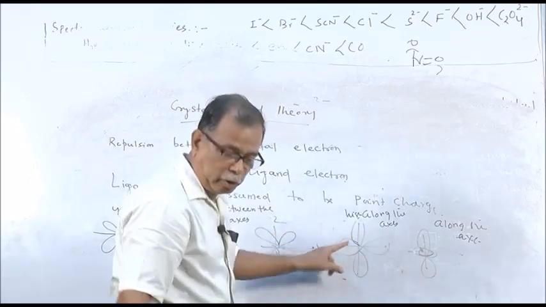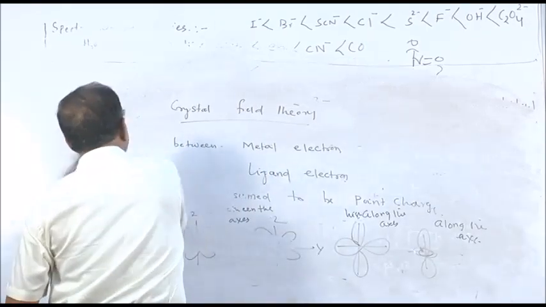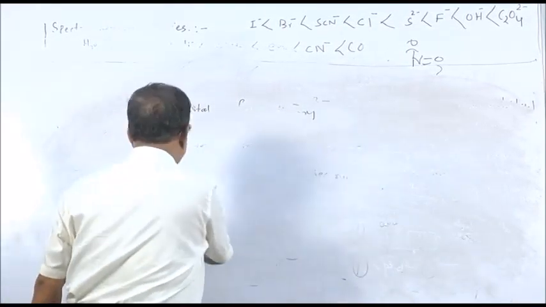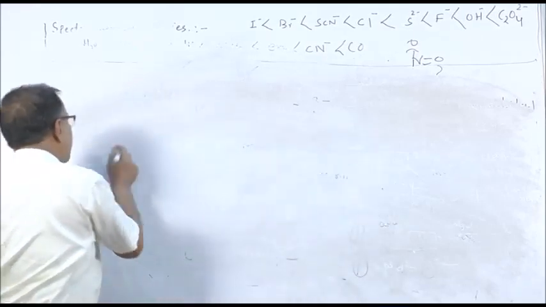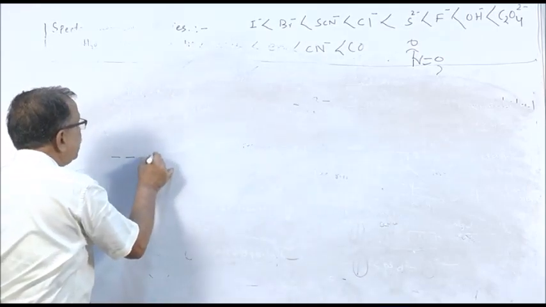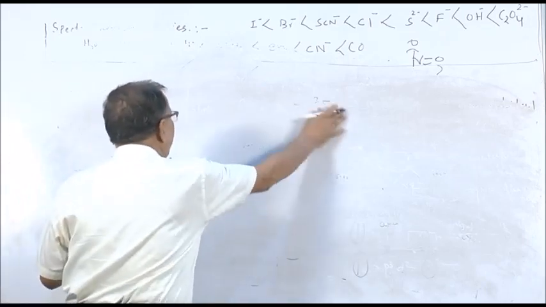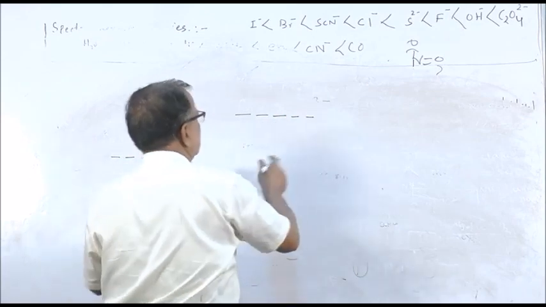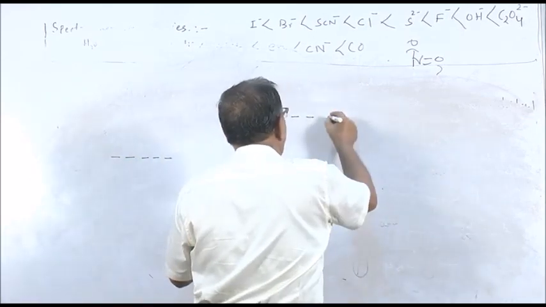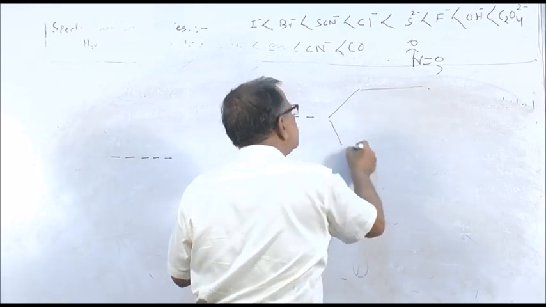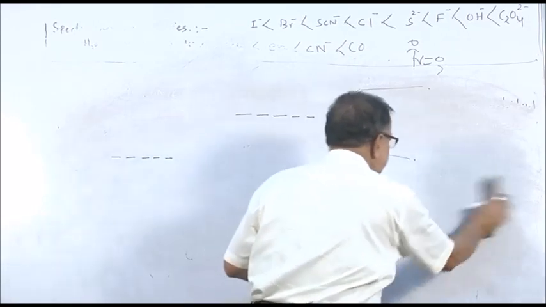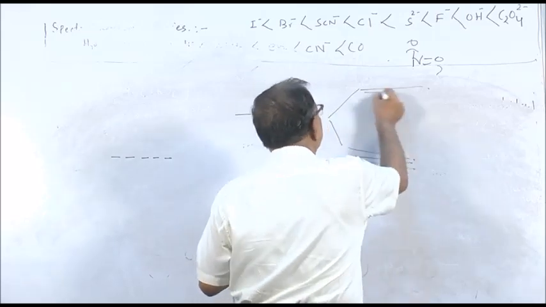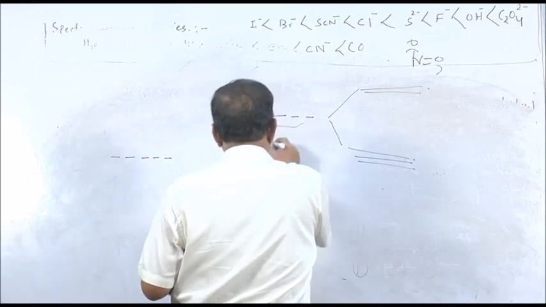Based on this crystal field theory, the d orbital can split. First the 5 d orbitals are degenerate. Then in the field, they split into higher energy, 2 orbitals, and lower energy, 3 orbitals.